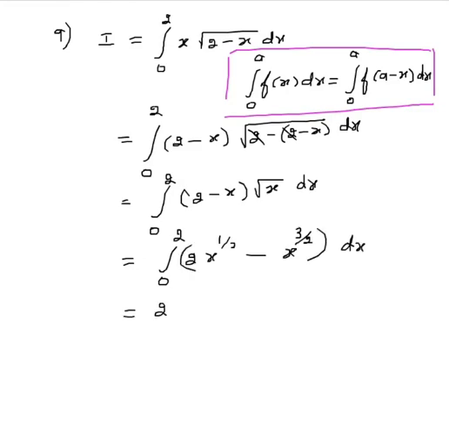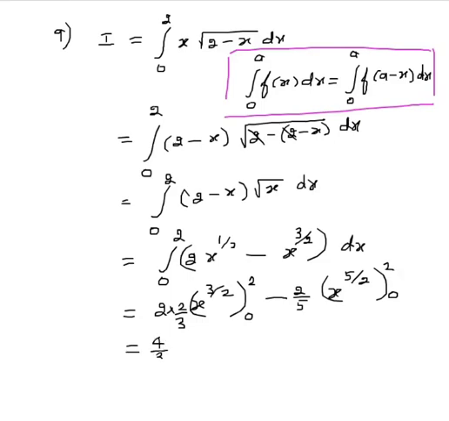Let's integrate and write. 2 times integral of x raised to half is half plus 1, which is 3 by 2, divided by 3 by 2 will become 2 by 3, and the limits are 0 to 2, and x raised to 3 by 2 plus 1 gives you 5 by 2, divided by 5 by 2 will become into 2 by 5, and the limits are 0 to 2. 4 by 3 times 2 power half is root 2, and we have cube, lower limit is 0. 2 by 5 times 2 power 5 by 2. 2 power half is root 2, we have root 2 power 5, and the lower limit is 0.